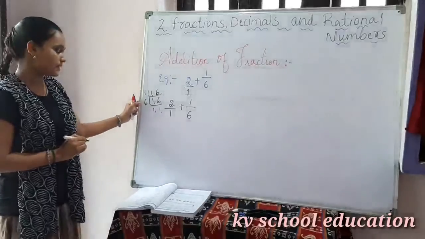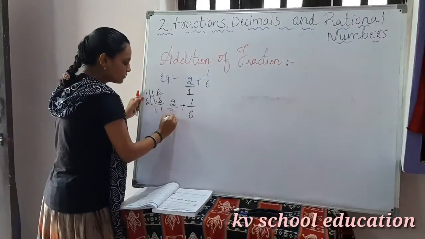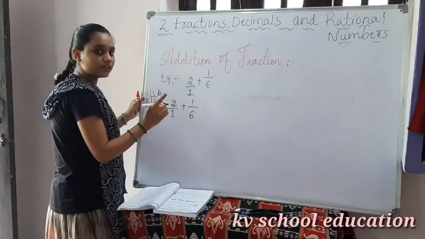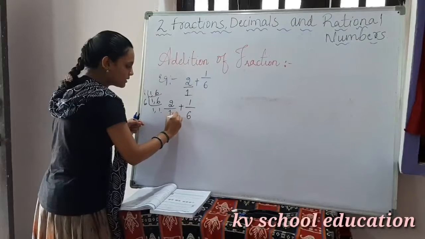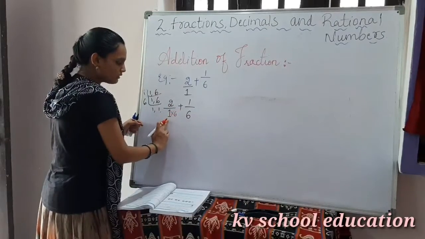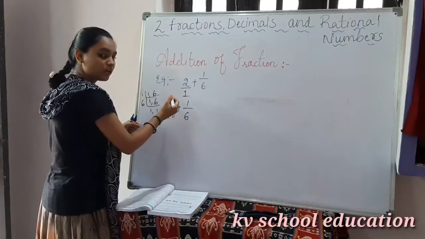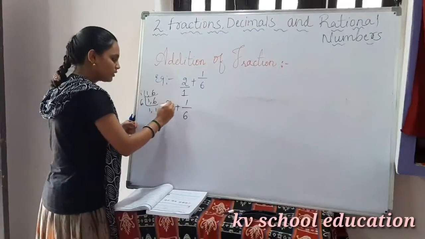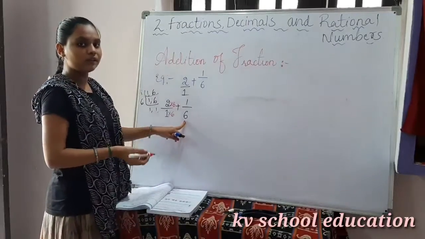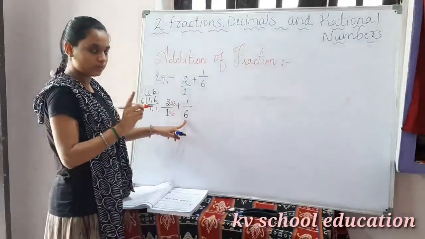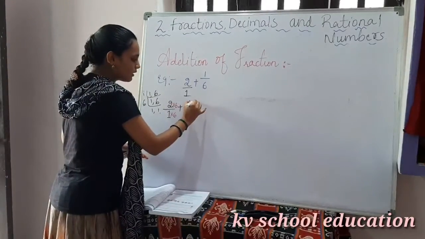So we should multiply the denominator 1 by 6, and whatever we multiplied the denominator by, we should multiply the numerator 2 by the same, 6. In the 6 table, 1 gives 6, so 6 into 1, and here 1 into 1.